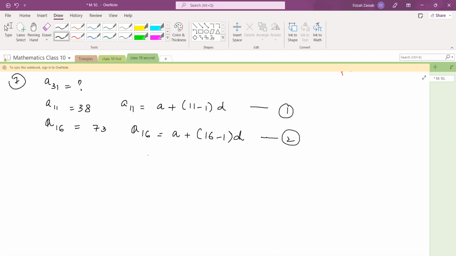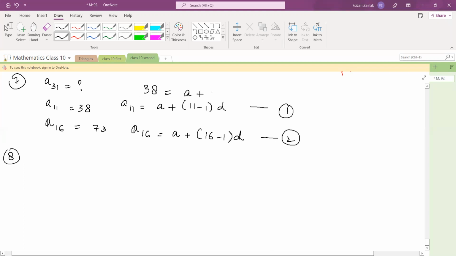Okay. So I'm not doing it. Ma'am, but how will we find a and d? Oh, okay, I have not completed it. In place of A11, you write 38 is equal to a plus 10d. Now, is it okay? This is your equation number 1. Okay, ma'am. So this was the hint I was giving, actually. Okay.